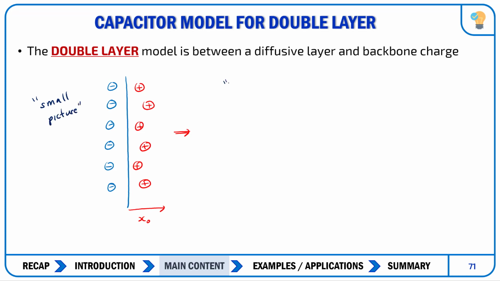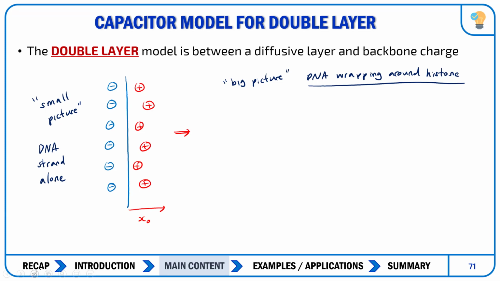We now want to look at the big picture. Because the capacitor model for a double layer is essentially very useful when we're looking at DNA wrapping around a histone octamer. So this would just be DNA alone, so DNA strand alone. But with the big picture, we're looking at DNA wrapping around the histone.